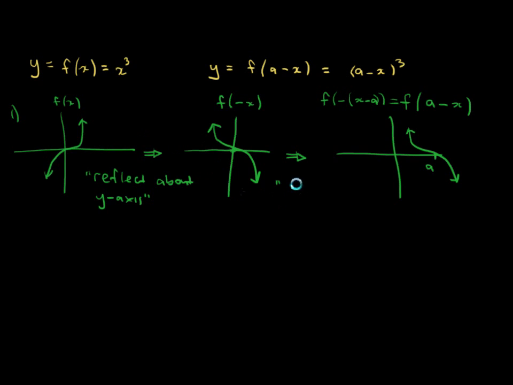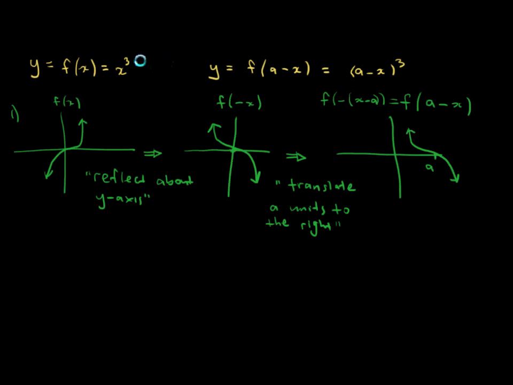And then the next step is to translate the graph a units to the right, because here I've assumed that a is positive. If a was negative, we would have shifted by negative a. So those are two steps to sketch this sort of graph: you reflect it about the y-axis and then you translate it a units to the right.